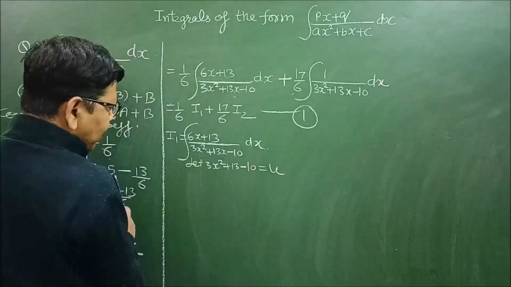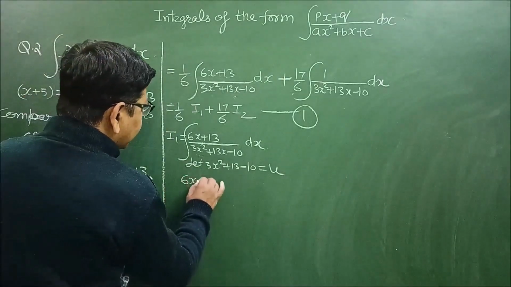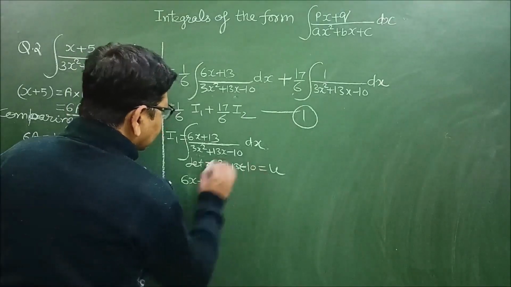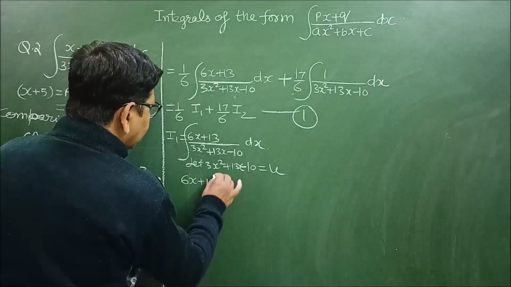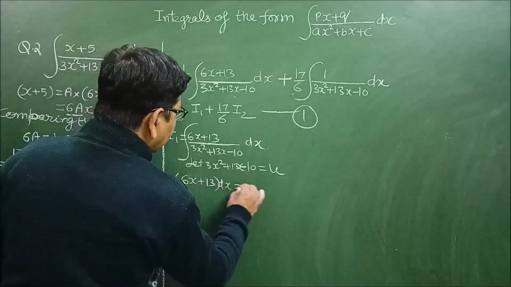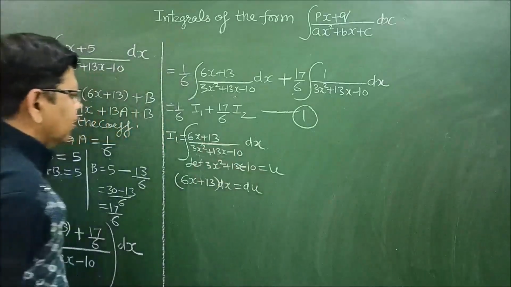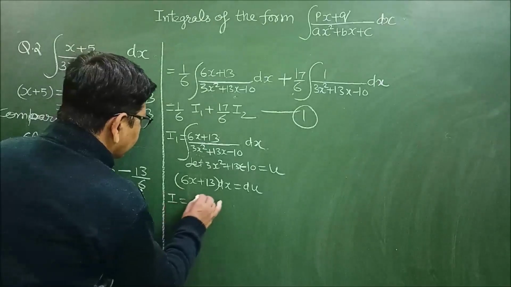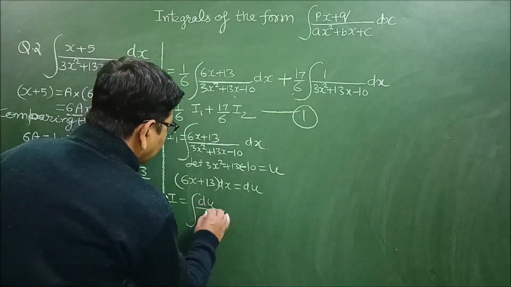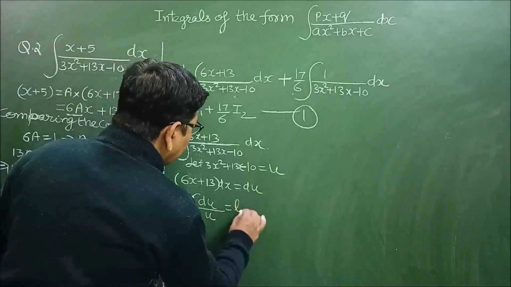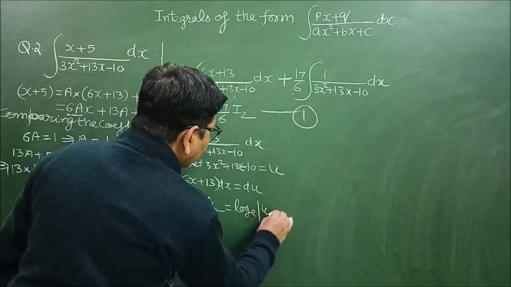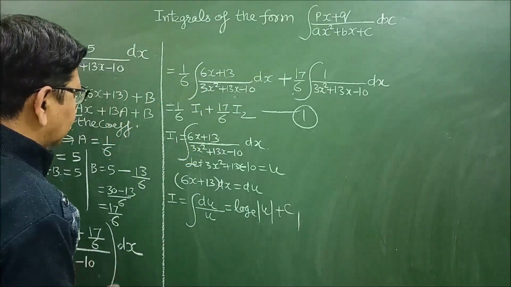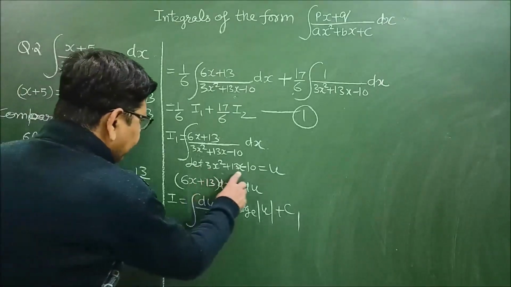On differentiating both sides, we get (6x + 13) dx is equal to du. So here we can replace (6x + 13) dx by du. So this integral reduces to integral of du upon u, which is equal to log mod u plus some constant c1, and the value of u is here 3x square + 13x minus 10.